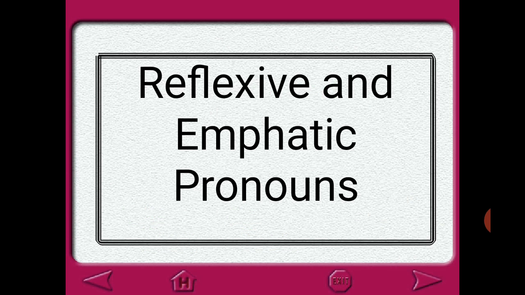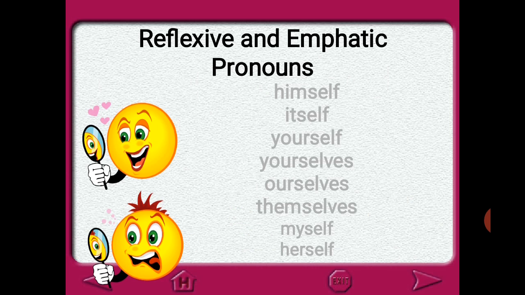Now come to reflexive and emphatic pronouns. First we did personal pronouns, then demonstrative pronouns, and now we are on reflexive and emphatic pronouns. Examples are himself, itself, yourself, yourselves, ourselves, themselves, myself, and herself.